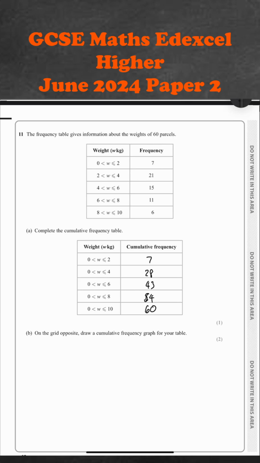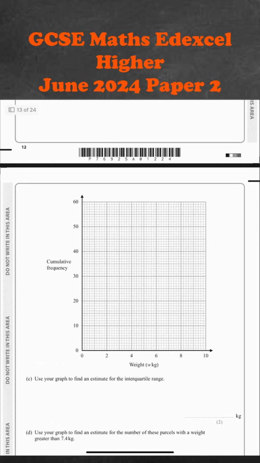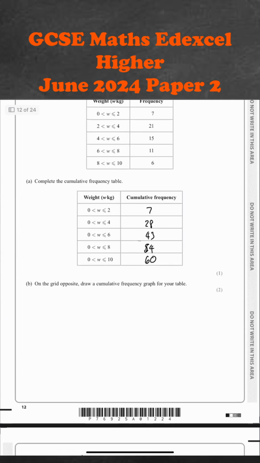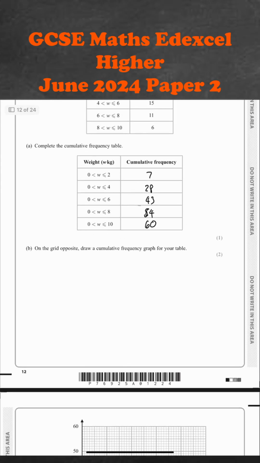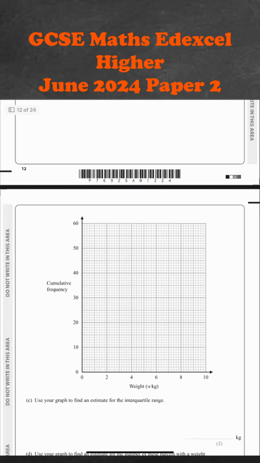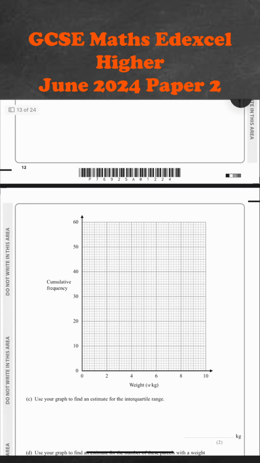Part B. On the grid opposite, draw a cumulative frequency graph for your table. So for each weight, we need to draw dots on here. For 2 kilograms, we're going to have this at 7, which is here.